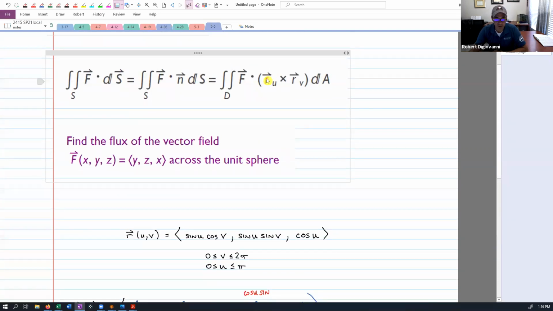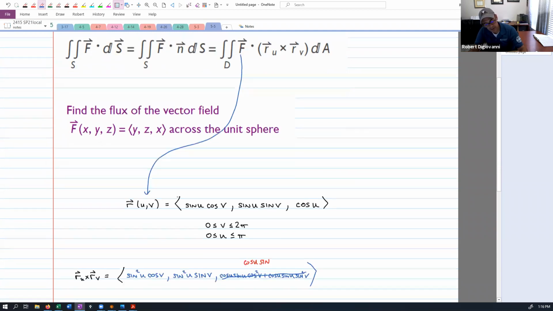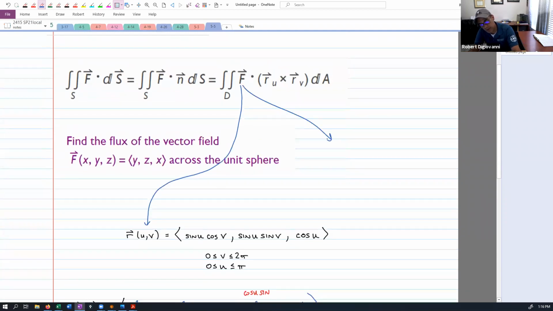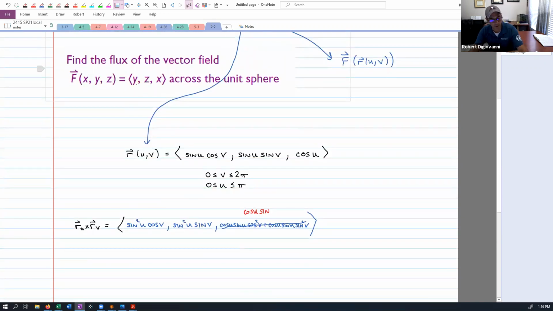So what we're supposed to do is dot that with the vector field. Now, what do we mean, the vector field? We mean the vector field evaluated along the surface, not curve. So I'm going to take this vector field and replace y with this, z with that, and x with that.